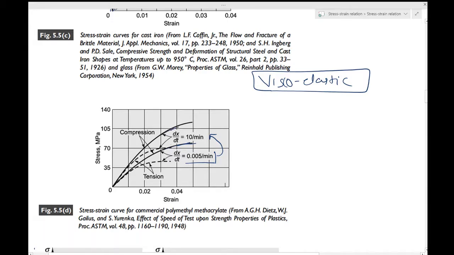So the value of stress is not very different. It's 70 at one place, and definitely less than 100 in this place. The difference according to the author is not greater than 30%, and the same would apply in tension as well. So the difference is not much even when you change the strain rate for this material.